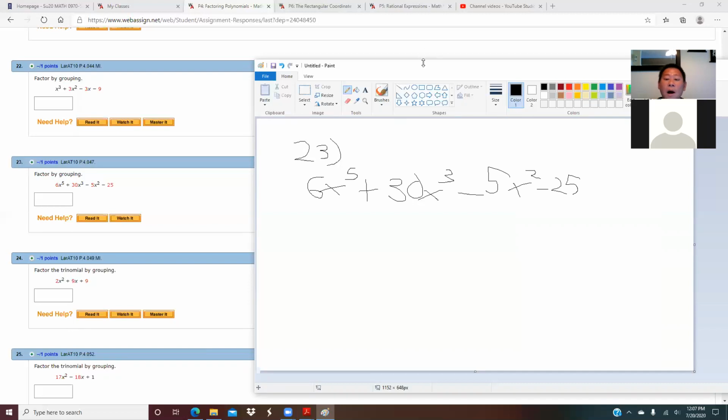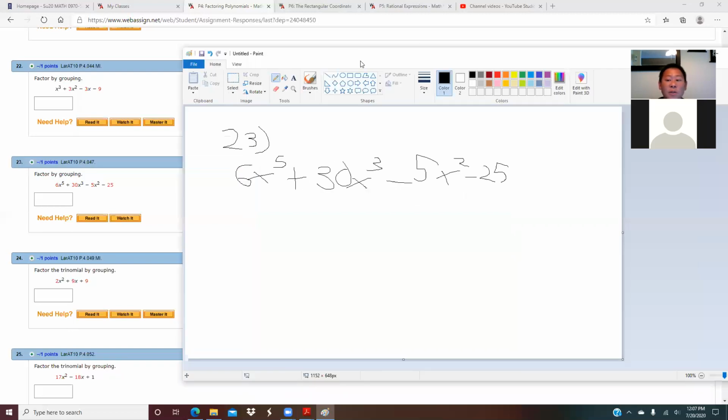What you need to do in question 23 is, this is 4 terms. When you have 4 terms, you have to do grouping, where you split this into 2 and then look at the first 2 and see what common factor you can factor out.